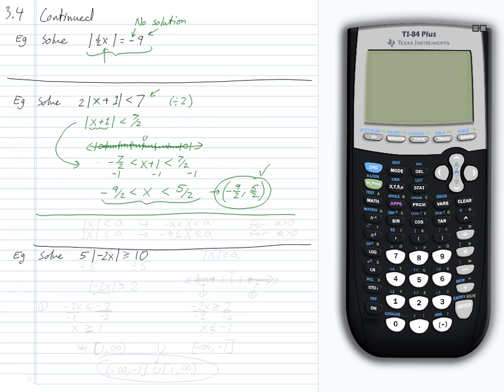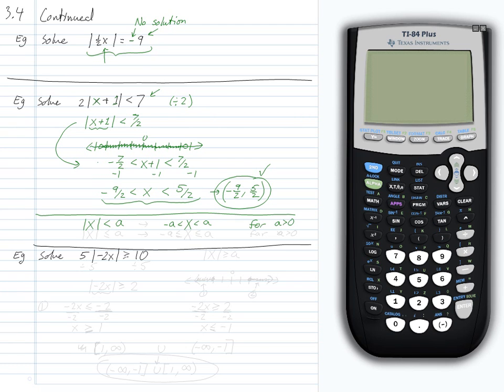So generally speaking, there in definition 319, whenever we have something along the lines of the absolute value of an expression is less than some number a, that means that the expression itself is trapped by negative a from below and by positive a from above, whenever a is positive.